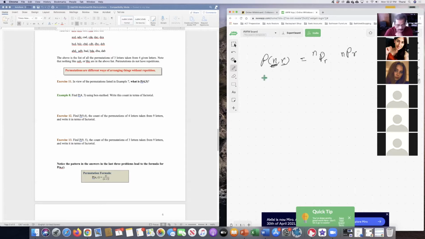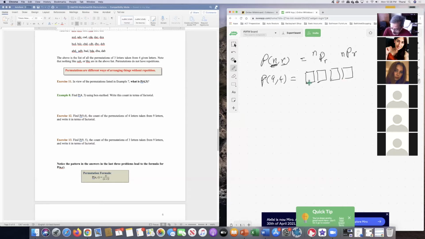So we did these exercises in the last class, P94. To find it, we said, okay, this means the number of ways of rearranging 4 objects chosen from 9. So we said, all right, then that means we can use 4 boxes because we're choosing 4 objects and arranging them. So the number of ways of arranging them is the same as the number of ways of filling in these 4 boxes. Therefore, we can calculate it by doing this.